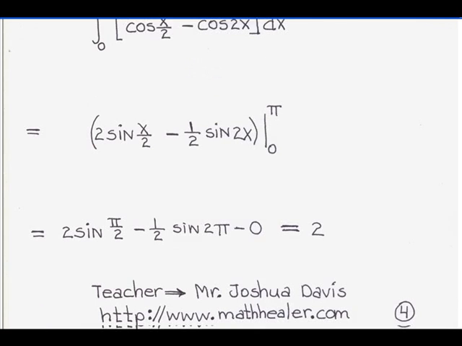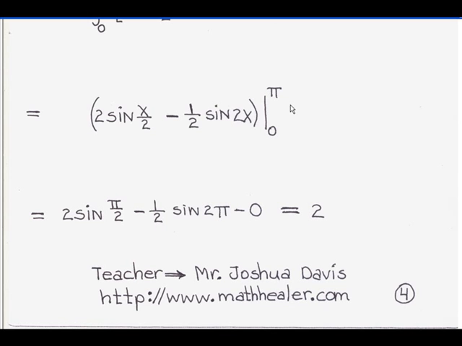Now we use our fundamental theorem, and we go f of b minus f of a. So here's what we have now. We now have 2 times the sine of pi over 2 minus 1/2 the sine of 2 pi. Now we see here that when we substitute in the lower bound, the angles become 0.